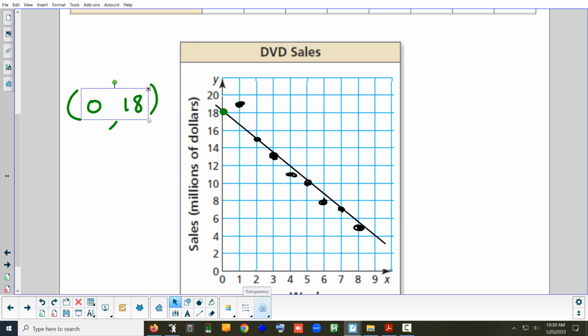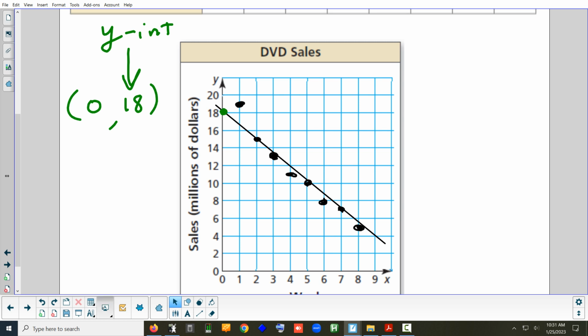Because it tells you where the line crosses one of the axes. What is this number called? Y-intercept. Yes, this is your y-intercept. You generally want to try to find the one with a 0. That's going to make it a lot easier. So we've got that one.